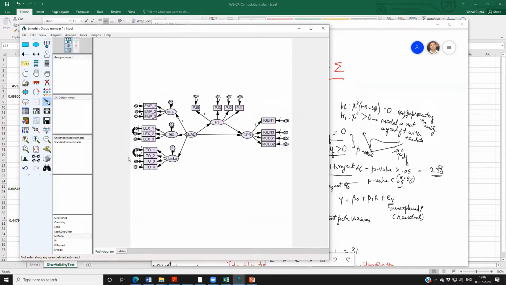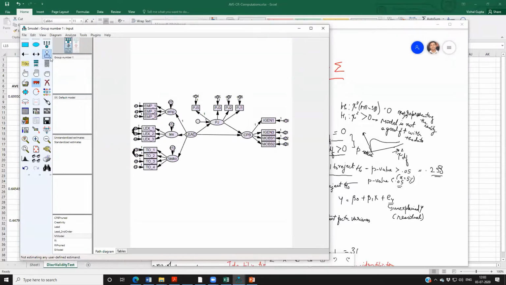Now because these are structural paths, remember I told you, this is x, leadership is x, Pj is y, so this will have its own error. This will have its own structural error. So we will attach an error to Pj.